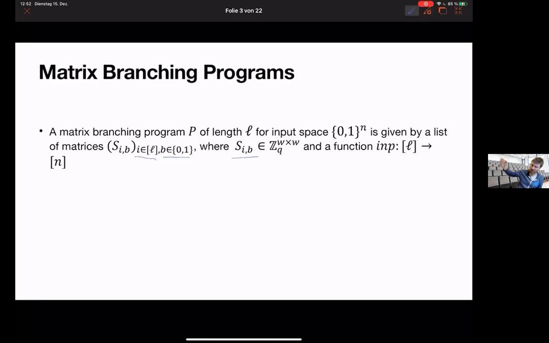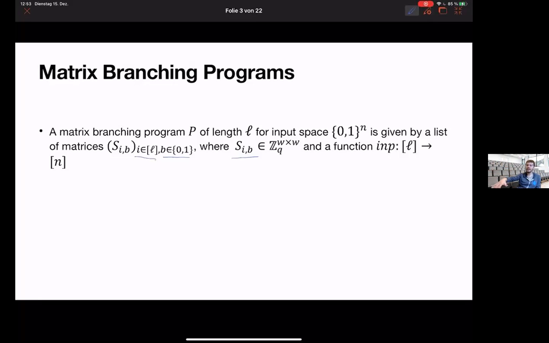Additionally, we have an input mapping function, which takes an index between 1 and L and maps it to some index between 1 and n. For this input mapping function, you can in fact just give me the entire function table.